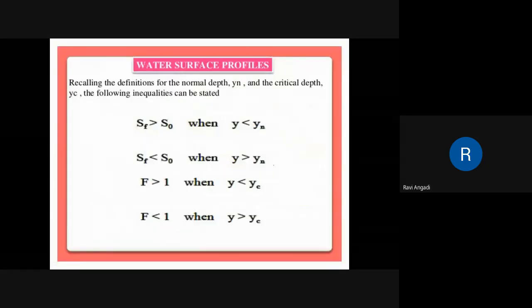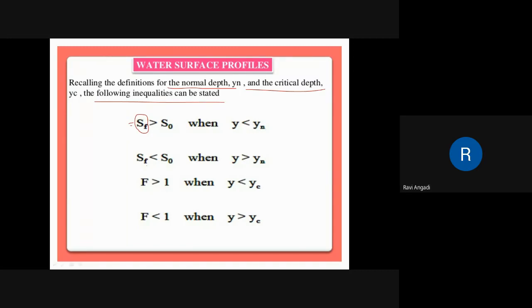Recalling the definition for the normal depth yn or y and the critical depth yc, the following inequalities can be stated. SF means the energy gradient line. If the slope of the energy gradient line is greater than the slope of the bed, the y will be less than yn.